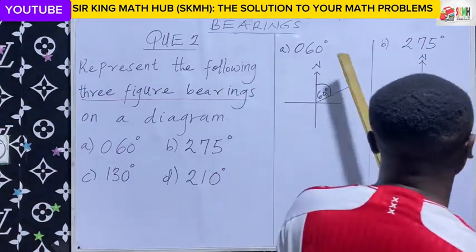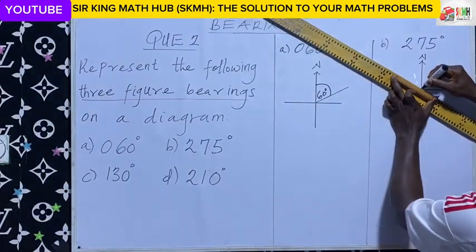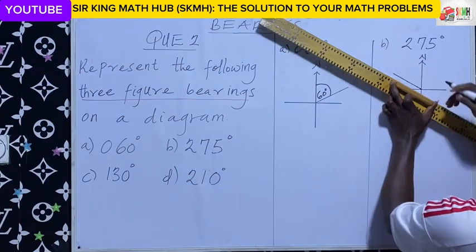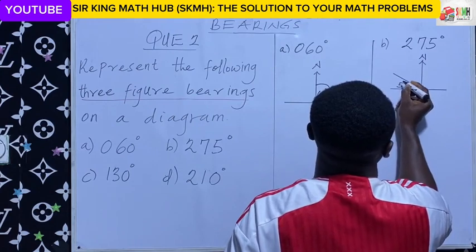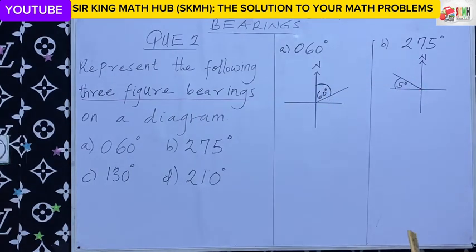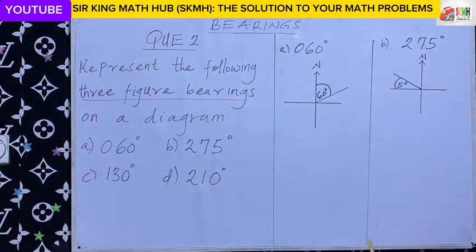So obviously that is 5 degrees. So it means that we have to measure 5 degrees from this particular quadrant. So how do we read this angle?